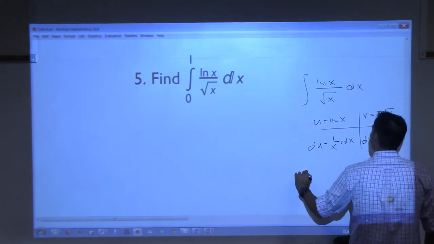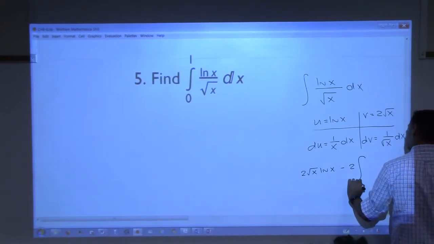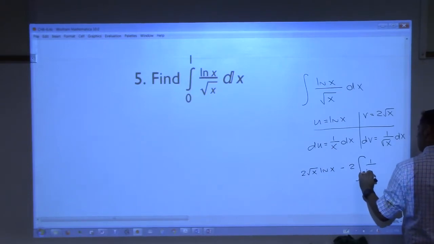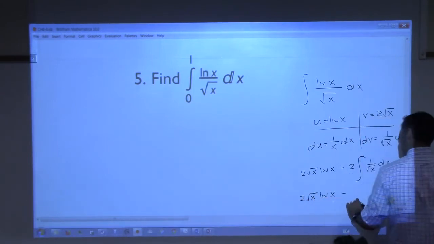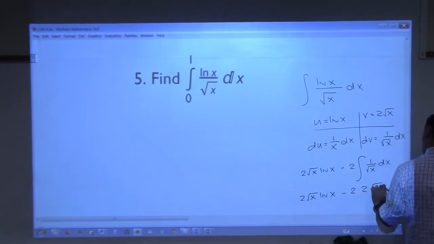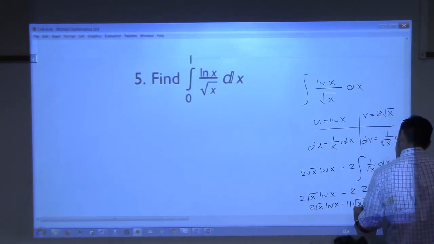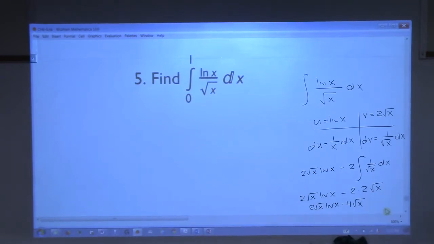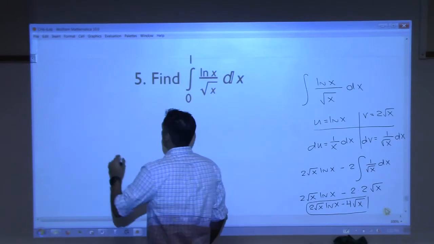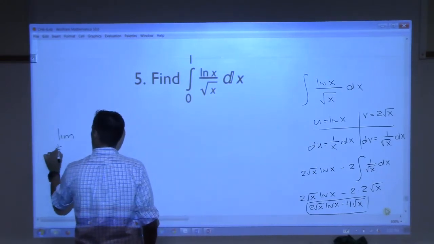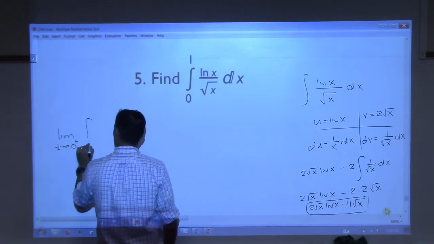So this becomes 2 root x minus 2 integral of 1 over. Can you still simplify that one? Oh, like factor something out? Yeah. Yep.